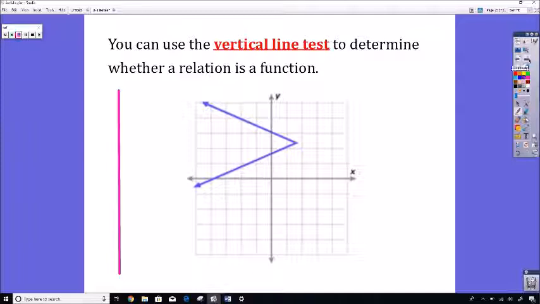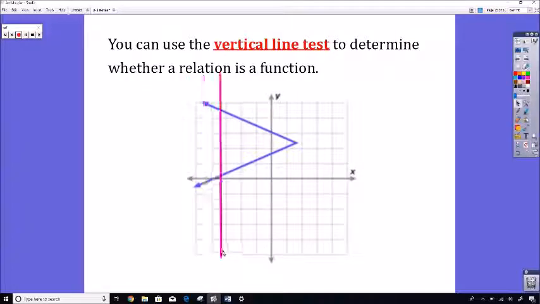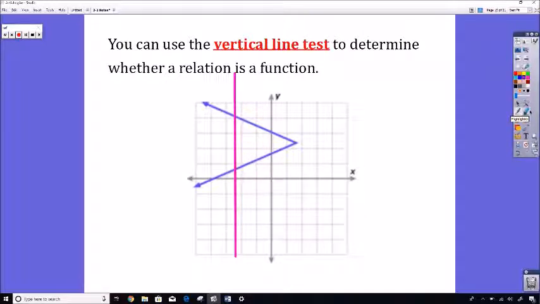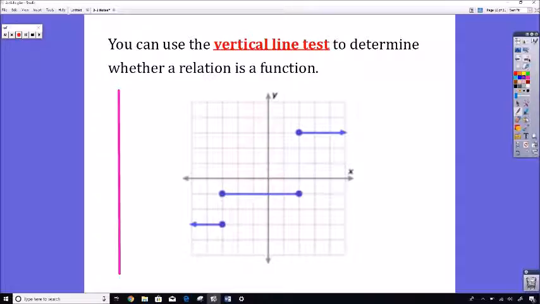Let's look at C. What do you think about this one? Take your vertical line. Can we find anywhere where it's touching 2 points of the graph at the same time? We sure can. So this is not a function. Now, the graphs can get a little bit more complicated.